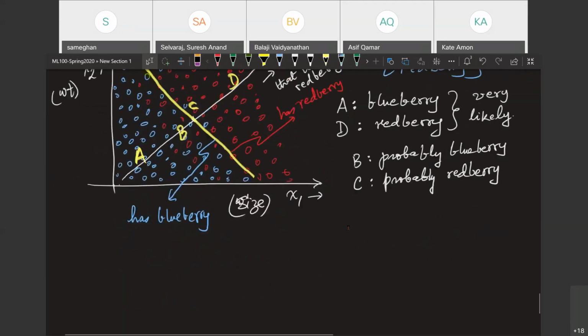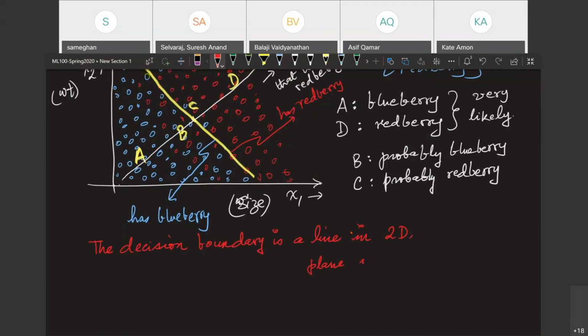The decision boundary is a line in 2 dimensions. Suppose there were more features, it would become a plane in 3 dimensions.